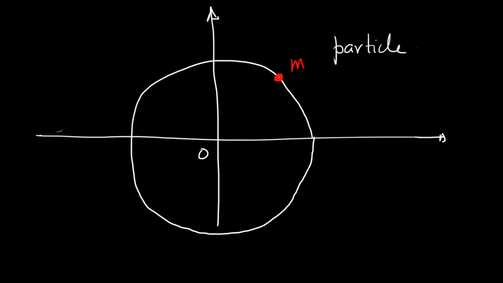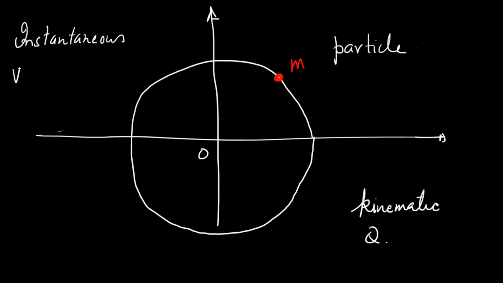And it's really a kinematic question. And the question is, can you tell me, and this is very important now, the instantaneous velocity, that's the velocity at that instant. That's the first question. And of course, what is the instantaneous acceleration?